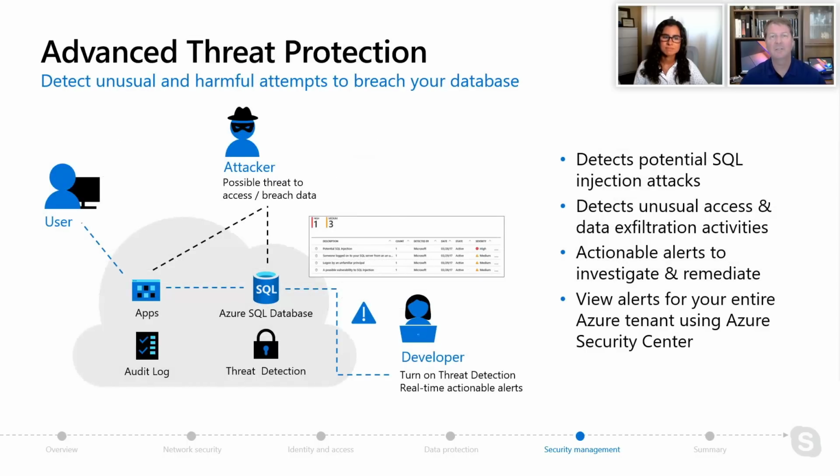So imagine today in your environment, you having to monitor SQL injection attacks, people running queries against your database, trying to do SQL injections through an application. How would you do that? How would you build a system to figure that out? How would you remove anomalies that maybe you shouldn't be alerted to, but some you really want to be alerted to? So we built advanced threat protection, and we made it a value-added service for the cloud.